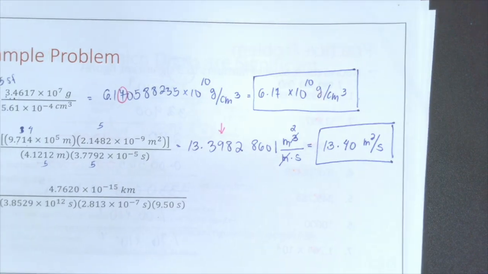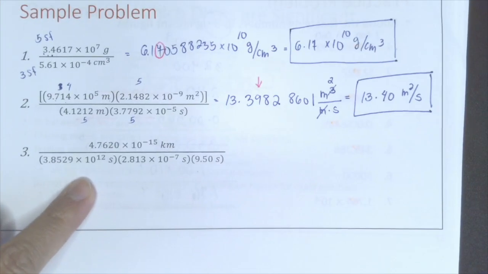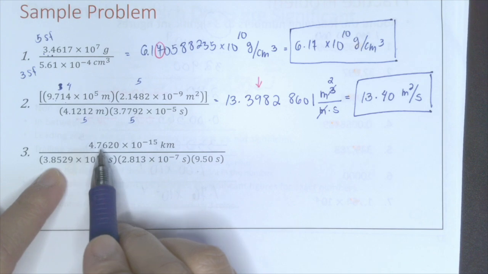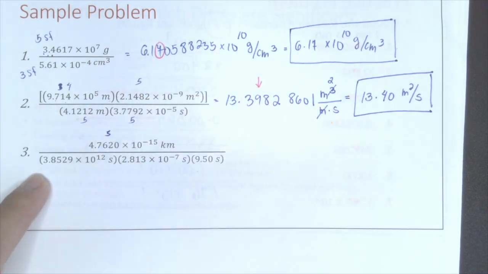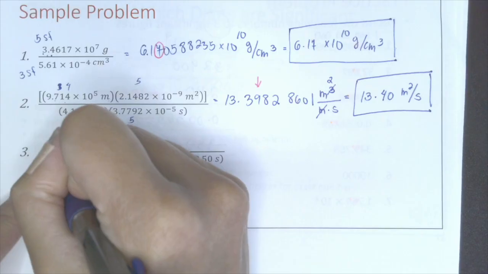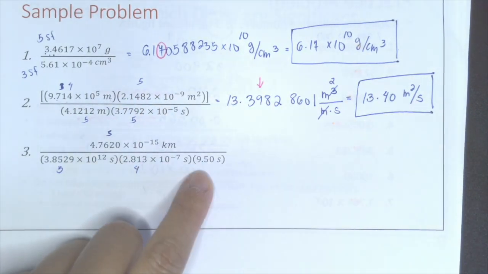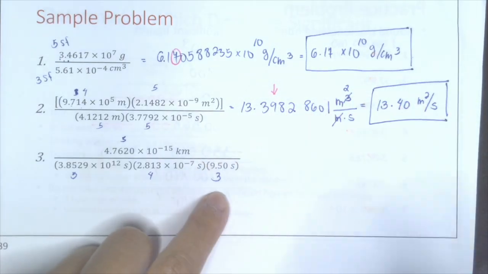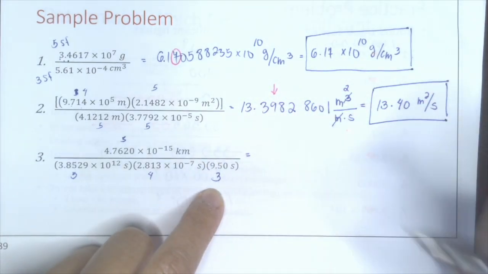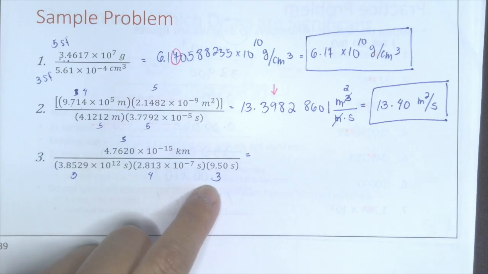Okay, last example. Okay, we have 1, 2, 3, 4, 5 sig figs. 2, 4, 5. 1, 2, 4. And we have 3. So it looks like our final answer should be rounded to 3 significant figures.